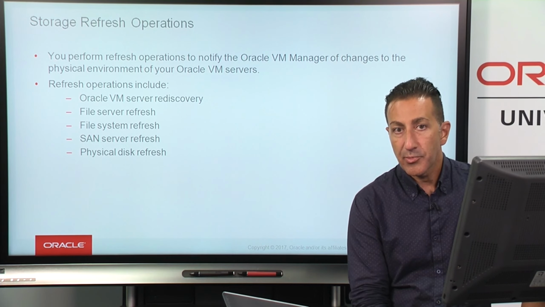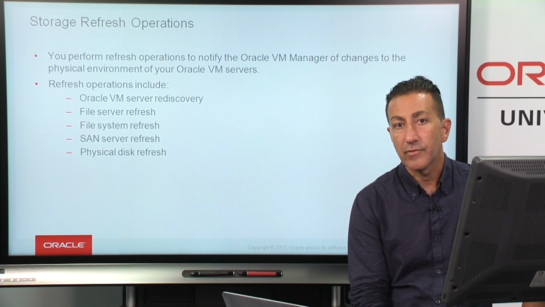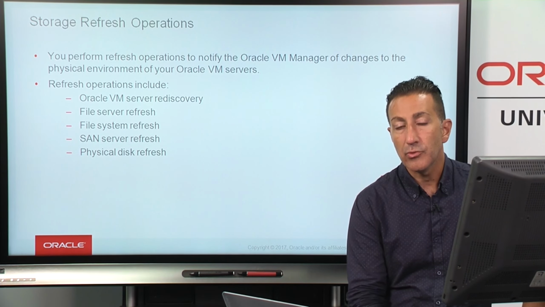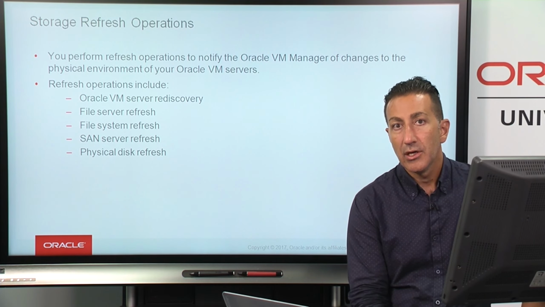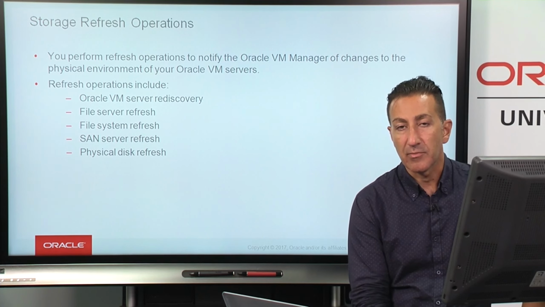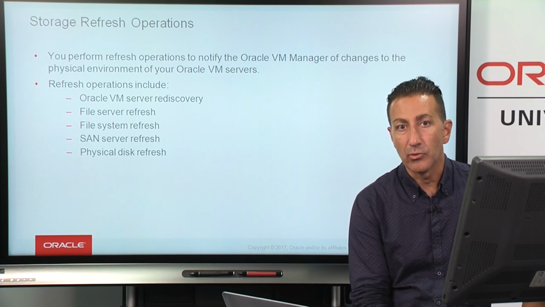So the refresh operation includes a rediscover operation for the Oracle VM server, letting the Oracle VM server view these new LUNs. So they should be able to be included as a repository, or, for example, be used as physical LUNs for the existing virtual machines that you have running in these Oracle VM servers of a specific server pool.